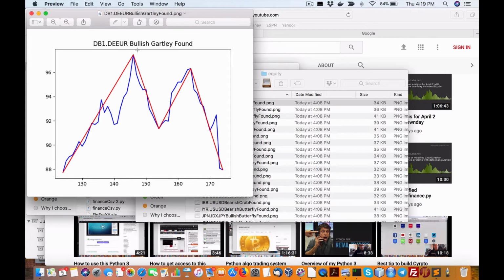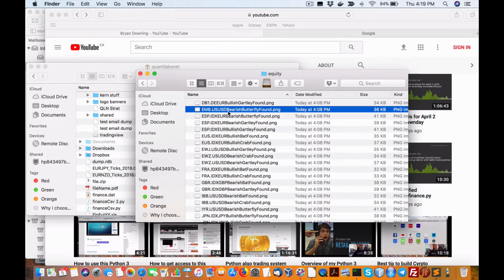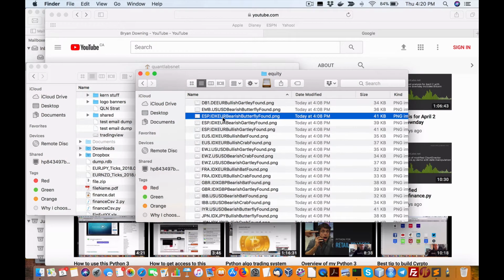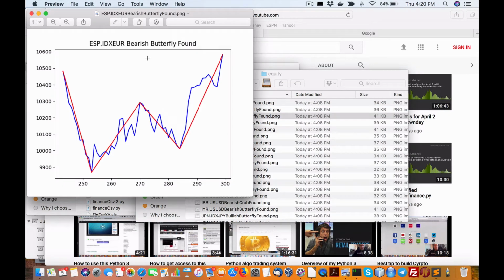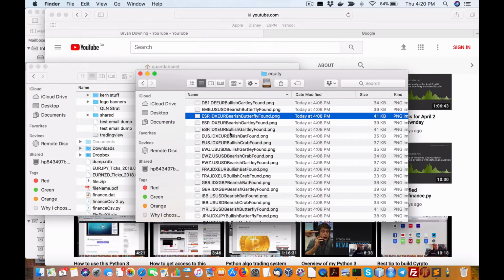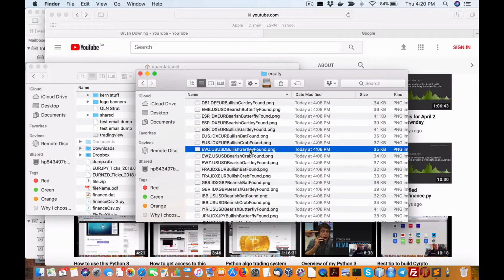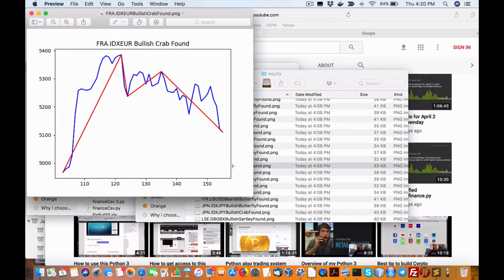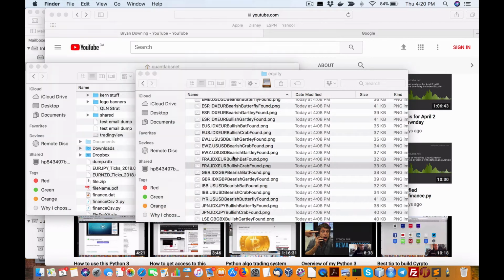When you see bullish Gartley, that means it's expecting a bullish signal. Here's the ESP index. So that's now going to go bearish. And let's see, France, bullish. And this is right up to the last day.